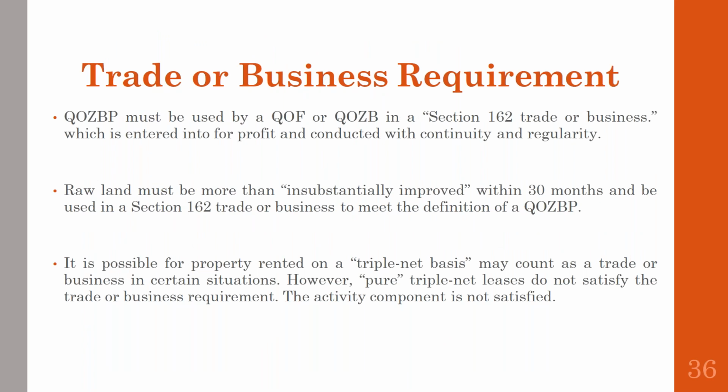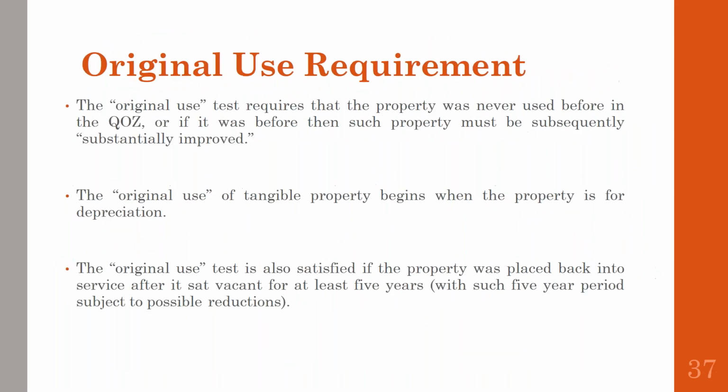So to qualify here, what we're looking at is that to substantially improve something for raw land, you've got 30 months to develop it. But the improvement has to be substantial. So you got 30 months rather to develop your car wash in my example before. All right. And I mentioned how a pure triple net lease is not going to satisfy the trade or business requirement.